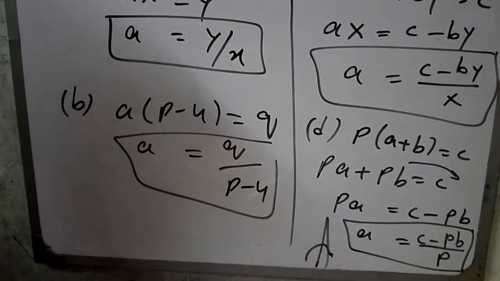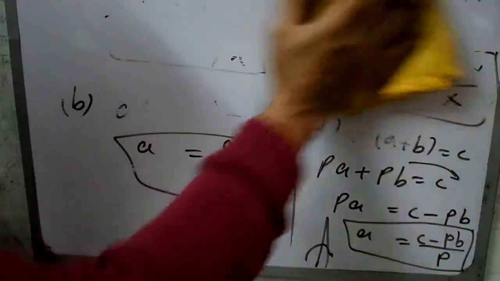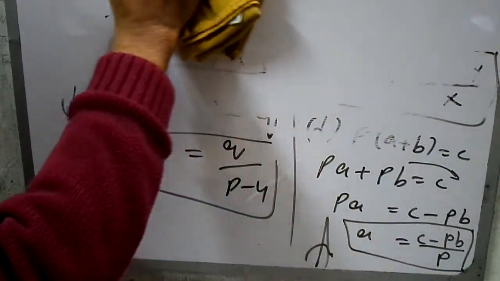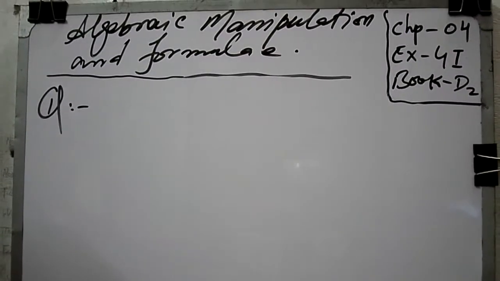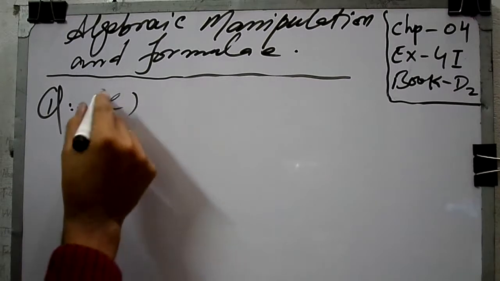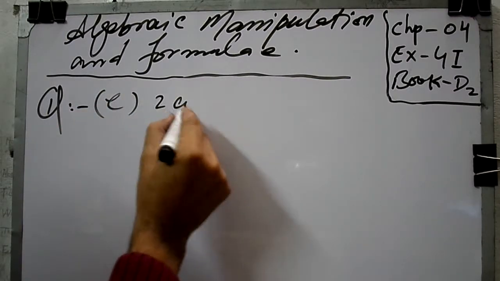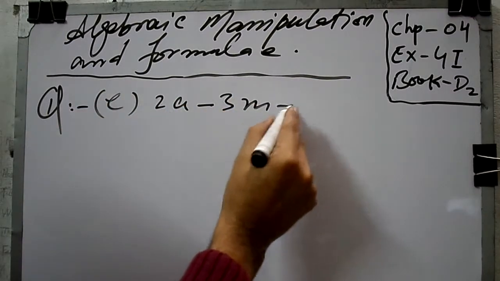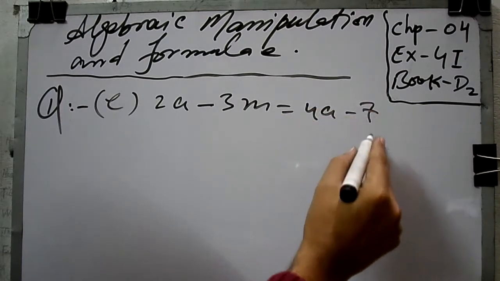Now coming to the next part, that is your E part. In E part, 2A minus 3M is equal to 4A minus 7.